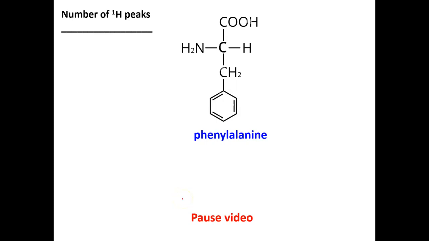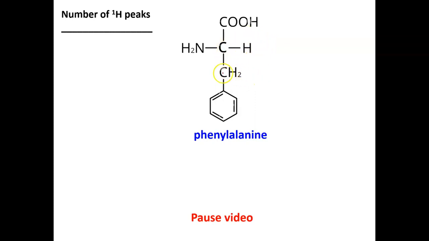Okay, so hopefully you've drawn that and you've got a copy of it and you've worked out the number of peaks, number of different environments. We've got the carboxylic acid proton right at the top. We've got the primary amine, the amino group hydrogens on that side. We've got a solitary hydrogen on the alpha, or the 2 carbon in amino acid names. This is this one.